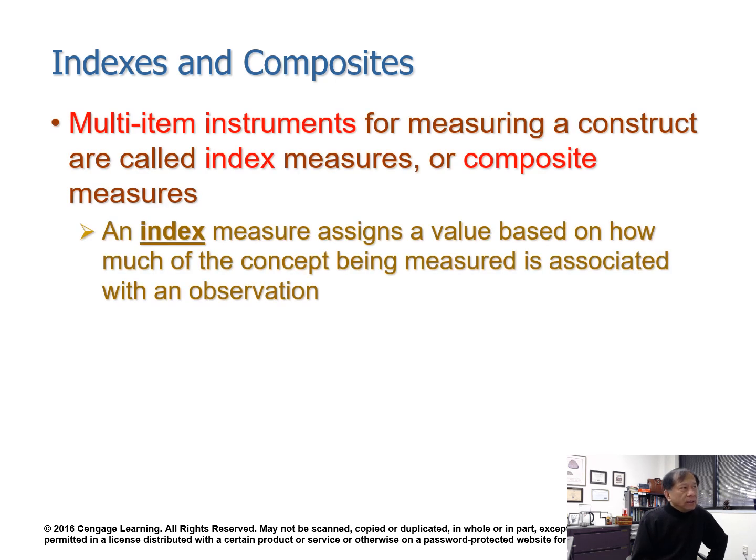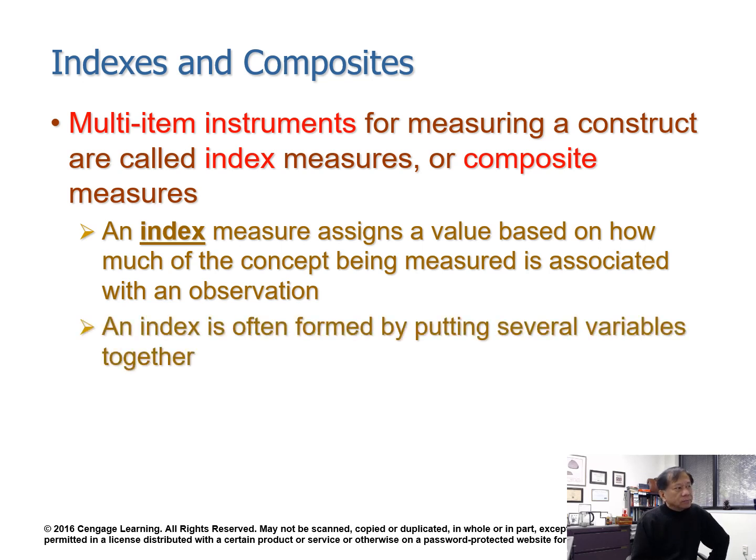There are also index and composite measures. Right? Multi-item instruments for measuring a construct are called index measures or composite measures. So an index measure assigns a value based on how much of the concept being measured is associated with an observation. Okay? Indexes are often formed by putting several variables together.